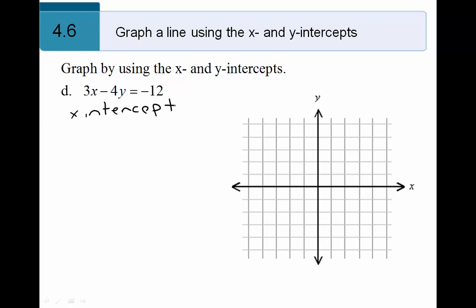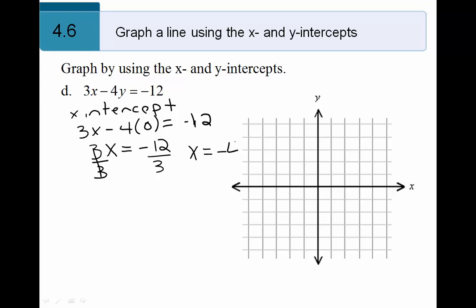I'm plugging 0 in for y, so I'm going to have 3x minus 4 multiplied by 0 equals negative 12. 4 times 0 is 0, so I get 3x equals negative 12. Divide both sides by 3. x is equal to negative 4. So negative 4, 0. That's your x-intercept. So that's left negative 4, 1, 2, 3, 4, up or down 0.